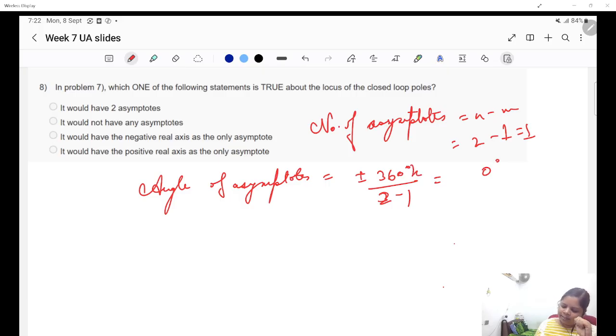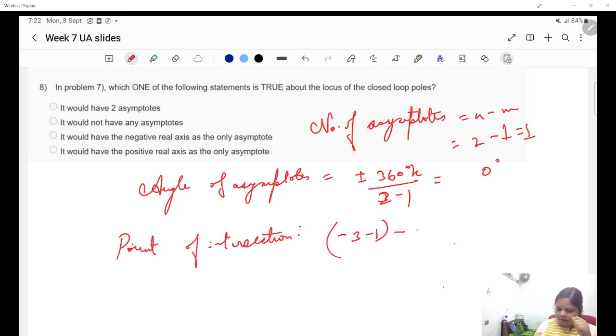And the point of intersection: since there is only one asymptote, we don't need to find the point of intersection, but still let's see what happens if we put this in the general formula. Point of intersection is -3 minus 1 minus 2 upon 1.